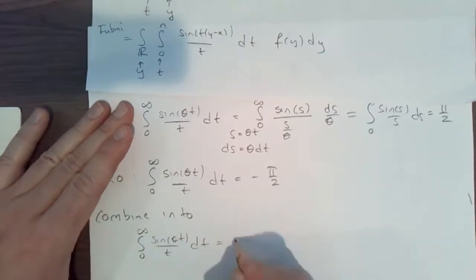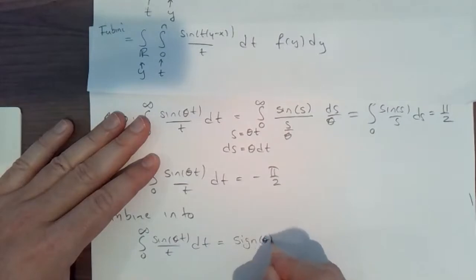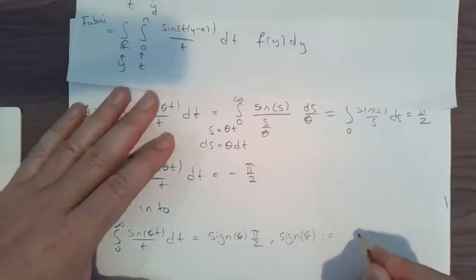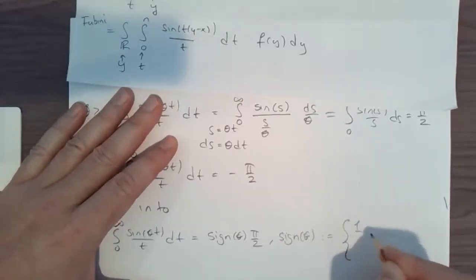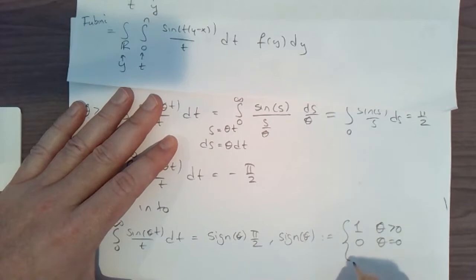We can write this as sign of theta times pi over 2, where that function sign of theta is 1 if theta is positive, 0 if theta is 0, and equal to minus 1 when theta is negative.